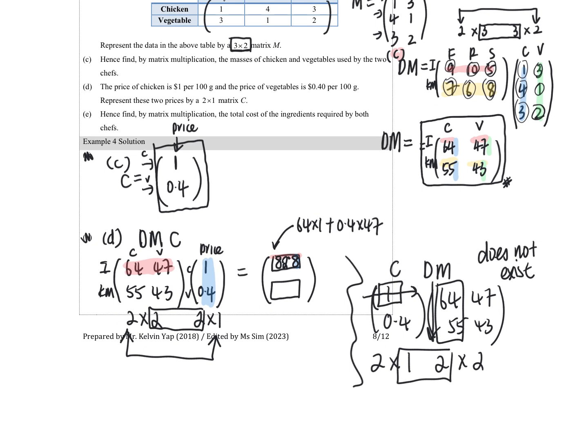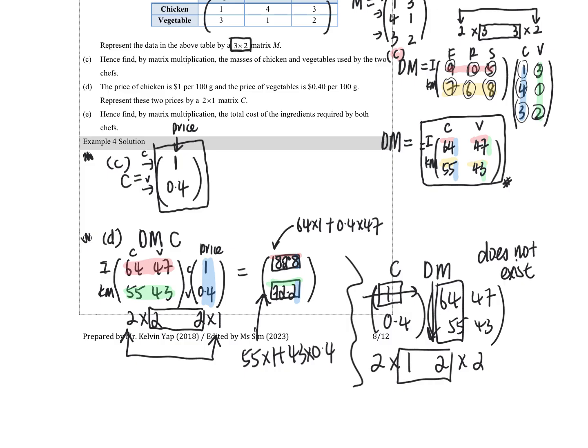Okay, then this one, last one, you will use the horizontal times the vertical blue. So 55 times 1 and then 43 times the 40 cents. Below is what? 72.2.